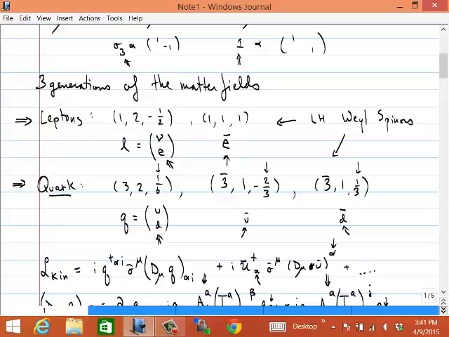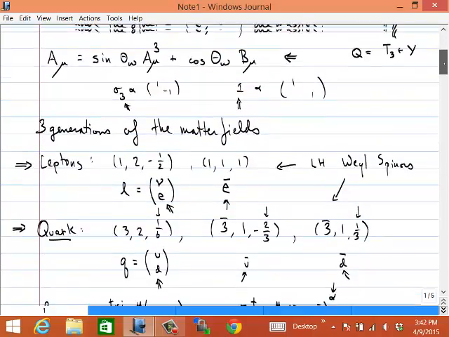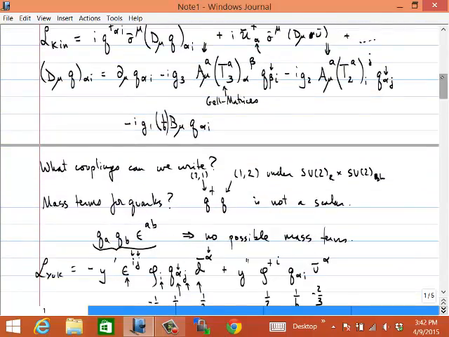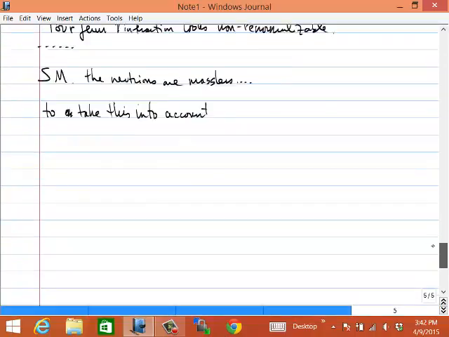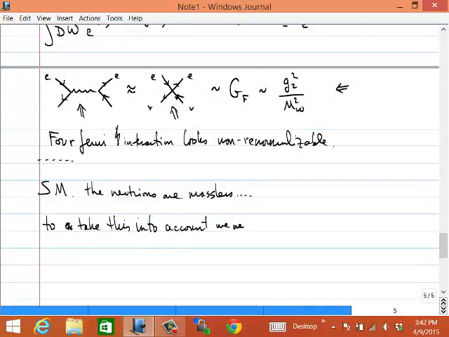An uncharged massless field can be its own antiparticle, but for a massive charged field, you need a new field to be its antiparticle. So in particular, we need a new field, let's call it nu bar, an antineutrino field, to couple to the neutrino.